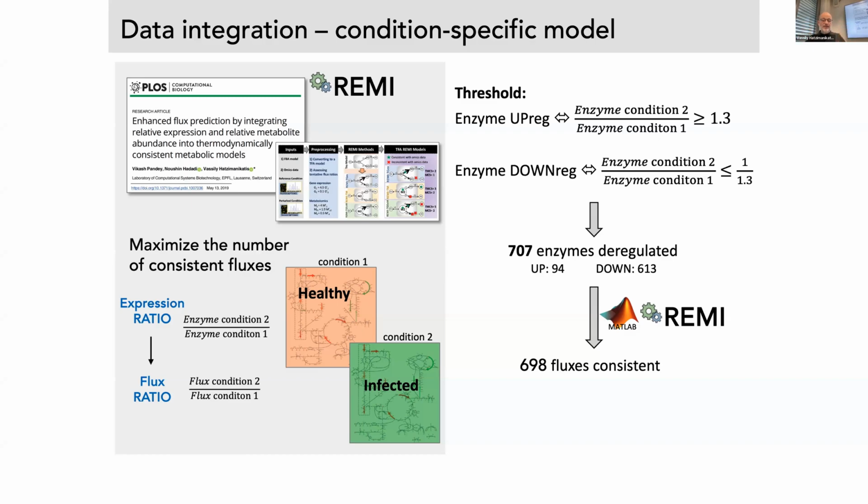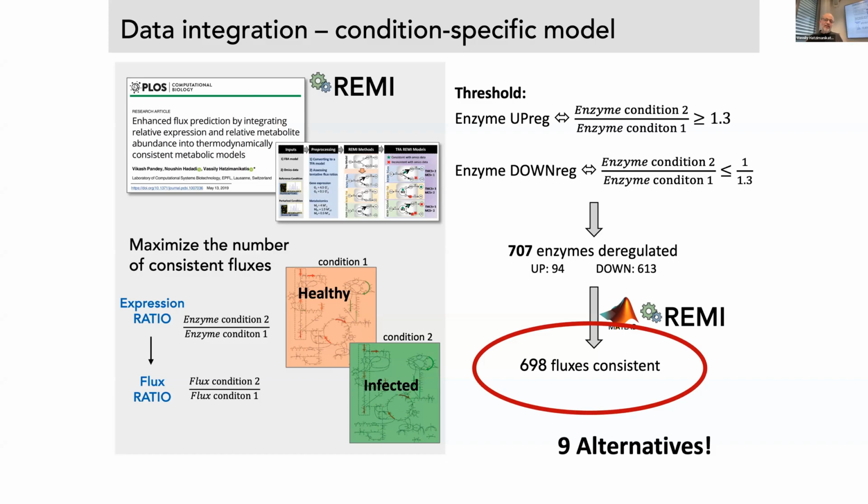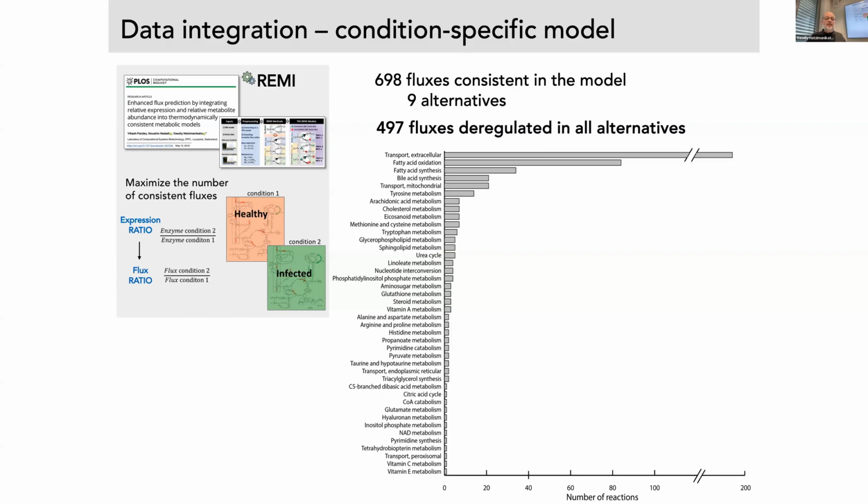But the nice thing with this is that we can also ask, is there any alternative combination of consistency? So essentially I still have sets of 698 ratios of fluxes that are consistent with the enzyme expression data. Some of them are always consistent and some of them are changing between the cells.